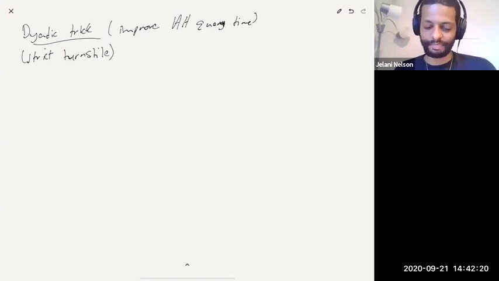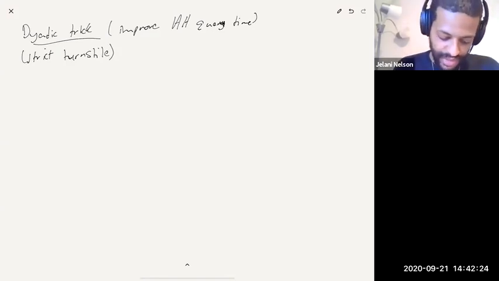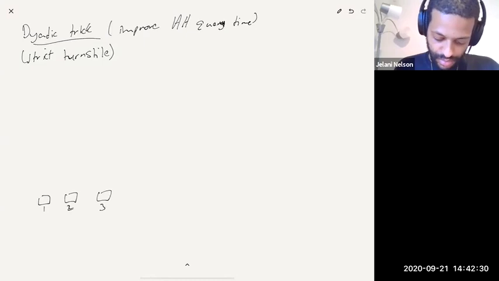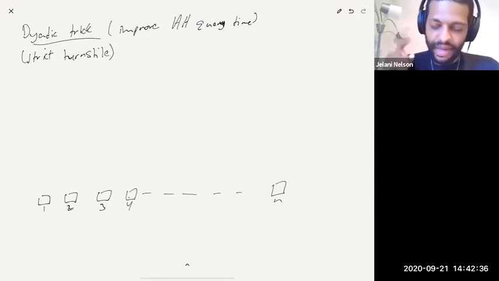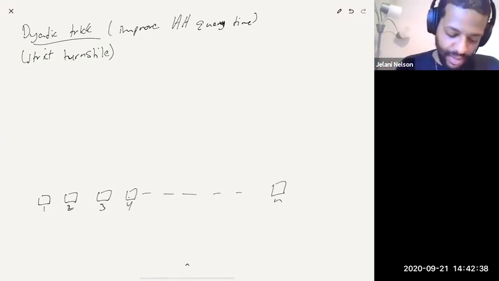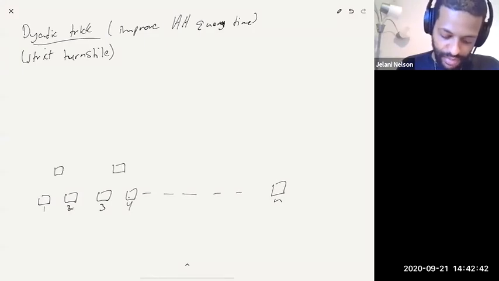It's a little complicated. But the idea here is I have my universe. Let me just draw a few more. What I'm going to do is imagine that there's a perfect binary tree built on top of this universe.